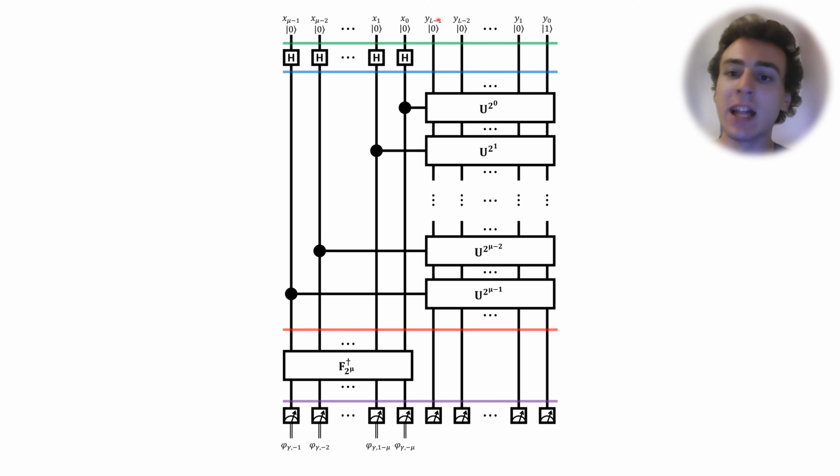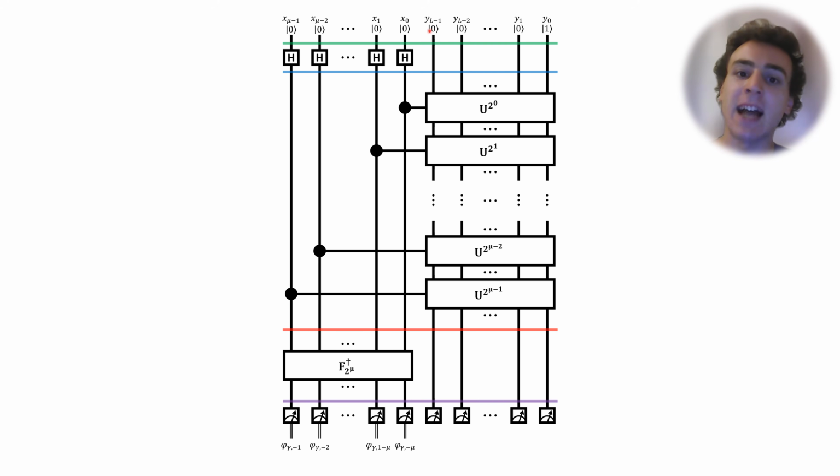This value L is the same L that we encountered when we were defining the inputs of the order finding algorithm. So one of those inputs, capital N, is defined as an L-bit positive integer. That means L is the minimum number of bits that it takes to represent N in binary.